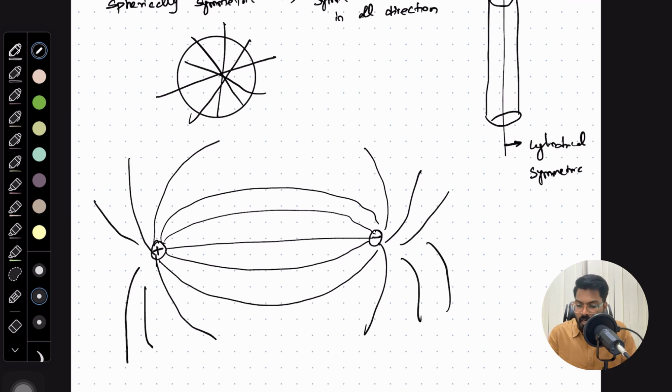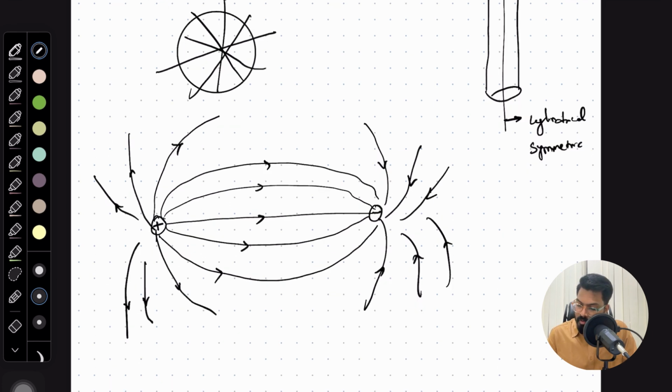This is how it is. And everywhere it is starting at the positive charge and going to the negative charge. They go from positive to negative. That is the first observation you can make.